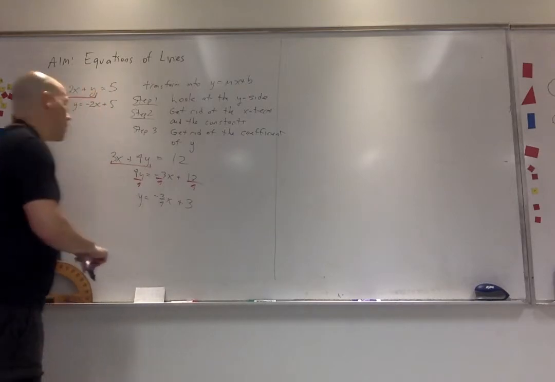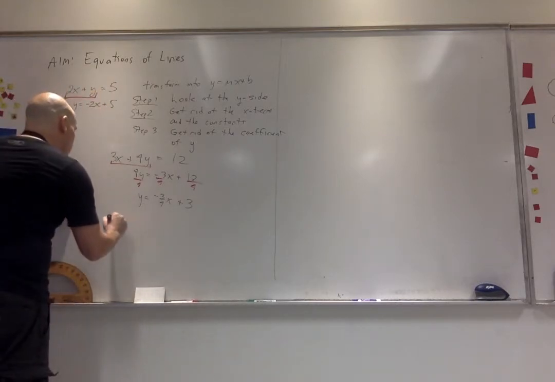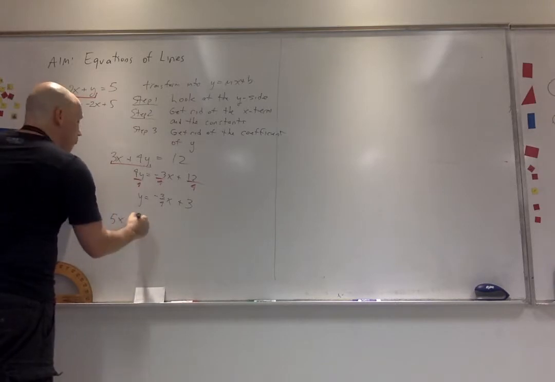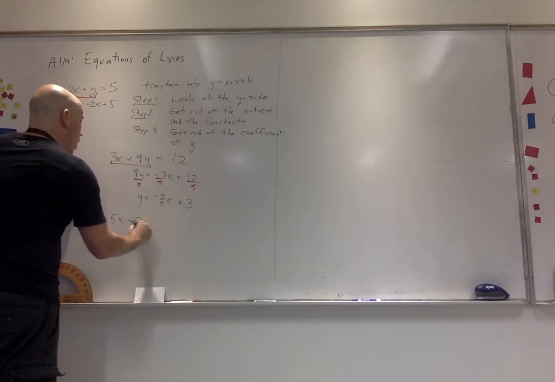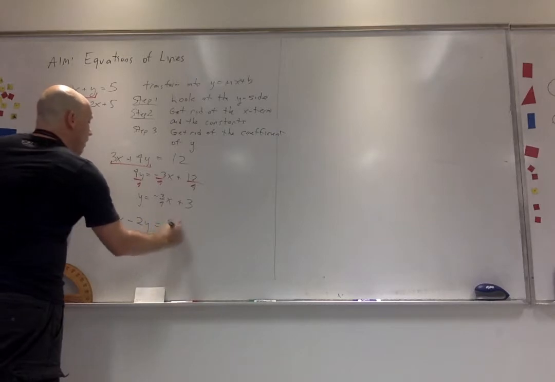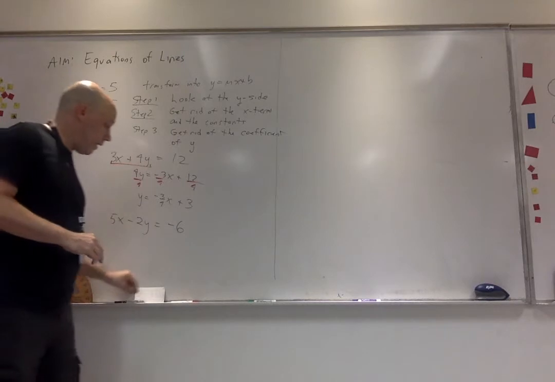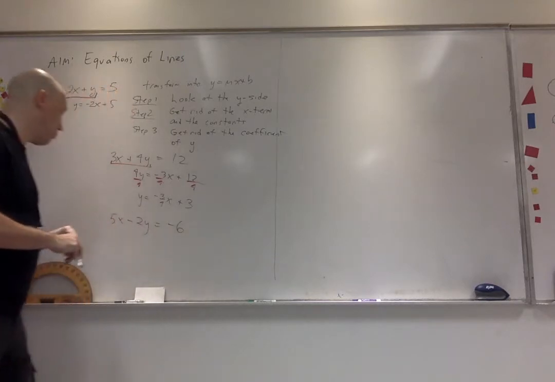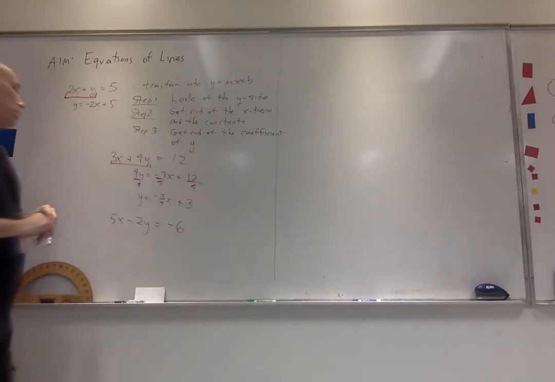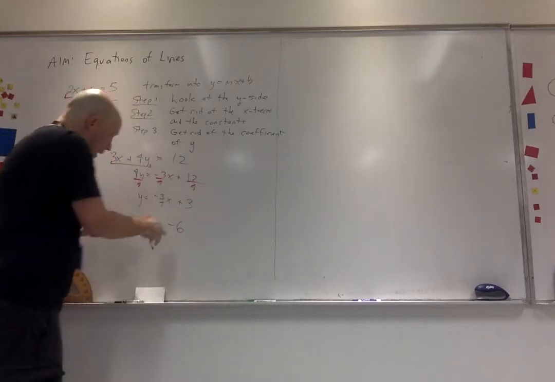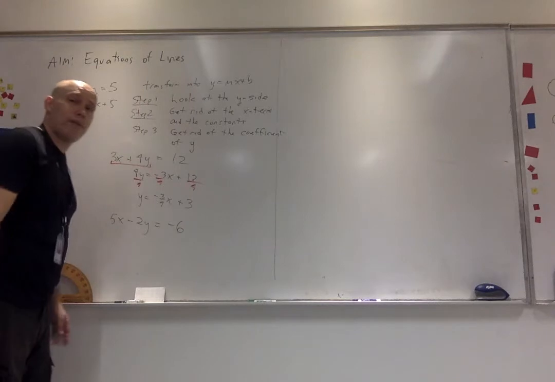Let's try another example. How about 5x minus 2y equals negative 6. Any suggestions? Once again, this is not the only way to do it. Let's take a look at this, it works for everything.